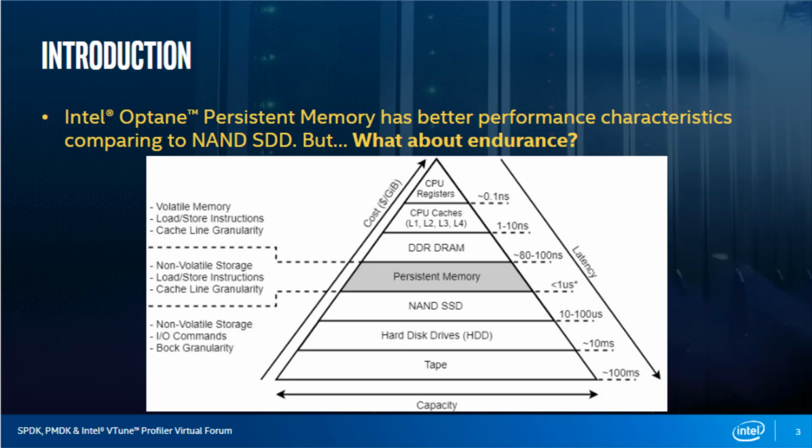And as Piotr and Andy introduced in their talk, persistent memory is a new kind of device which combines characteristics of memory and storage. It's byte addressable like memory and can be accessed directly by the CPU using load and store instructions. It has cache line granularity access, but also, like storage, it's persistent, and the data stored in persistent memory can survive process restarts.